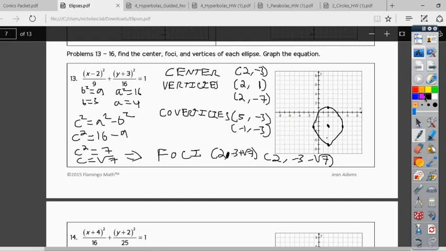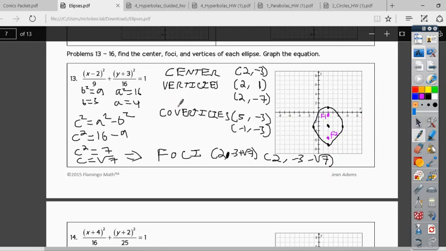And we can kind of estimate the square root of 7. 2 squared is 4, 3 squared is 9. So it's in between 2 and 3. The foci will be somewhere here and somewhere here. Those could be the foci of the ellipse.